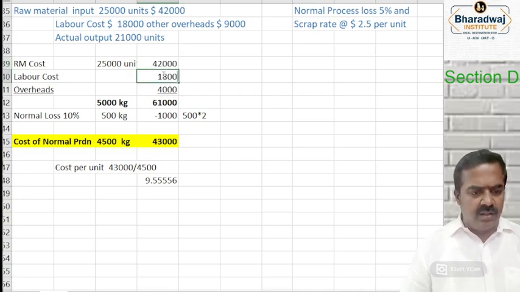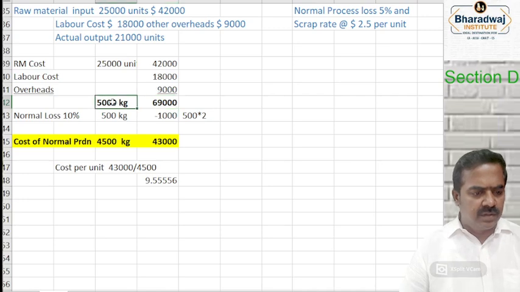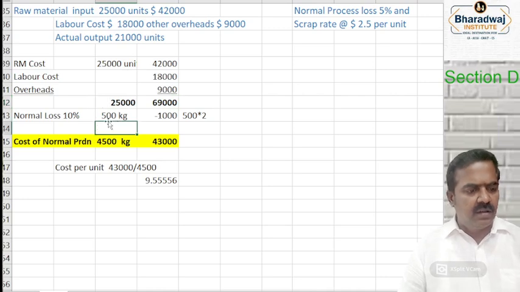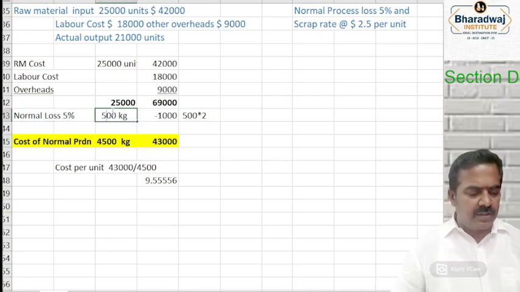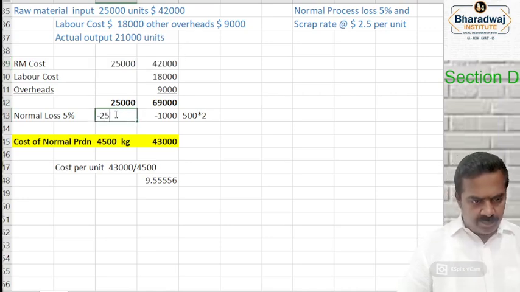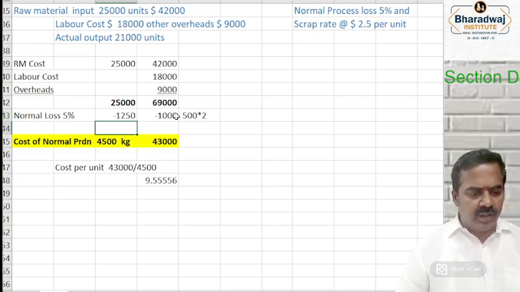Labor cost 18,000. Other overheads 9,000. This is for 25,000 units. Normal process loss is 5%. 5% of 25,000 is 1,250. The normal loss will be valued at scrap rate.